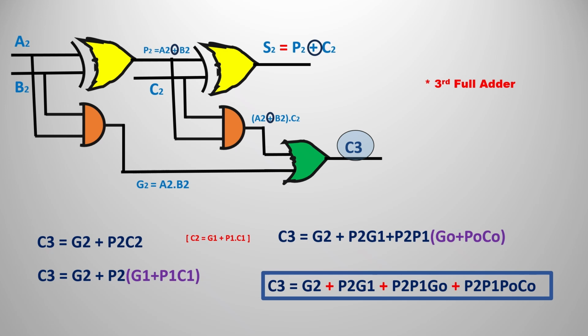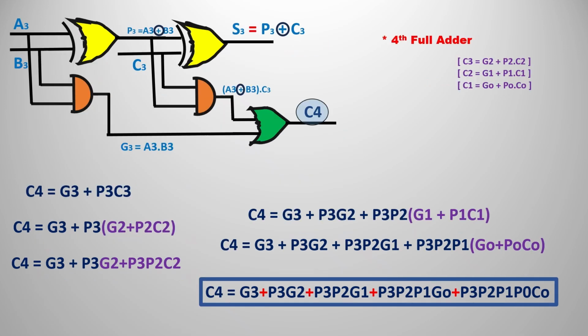We already saw what is meant by C2, so replace C2 with G1 plus P1 C1. So the C3 equation becomes like that. Then P2 should be distributed over the sum. After distributing, the C3 output equation would be like that. So this is the final output of C3.